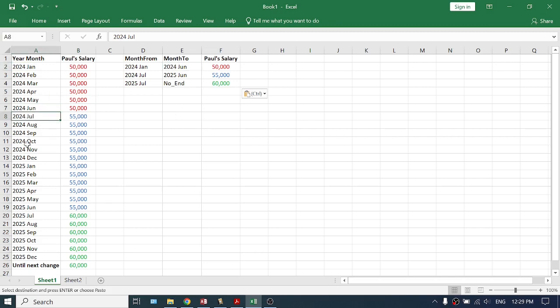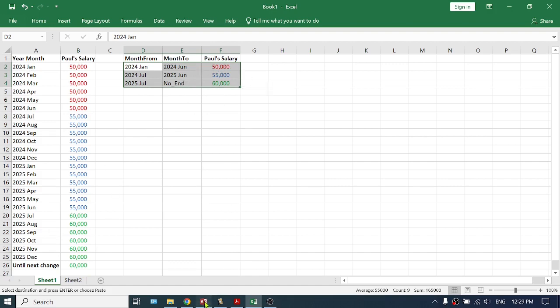Start the next one in 2024 July and stop it in 2025 June. Start the 60,000 in 2025 July and continue until I decide to change it, but I don't know when that will be. So instead of having all these 25 lines or 24 lines, I can represent the same information in this way.